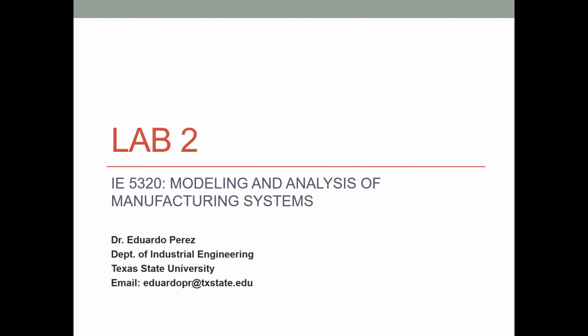We're going to spend time today looking at some additional blocks and elements, specifically those that are associated with assigning attributes to some of these entities or parts that are going to be moving through the simulation. And then the second part of the lecture will look into computing specific statistics and how do you run more than one experiment and how you compute the performance statistics for multiple experiments.